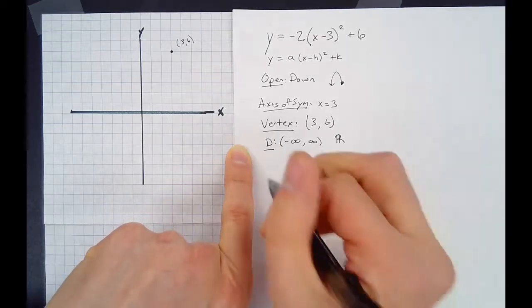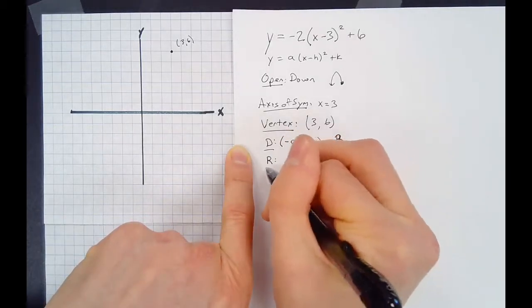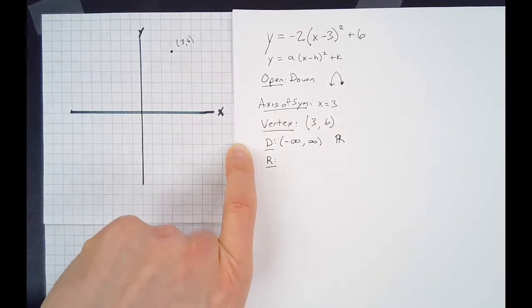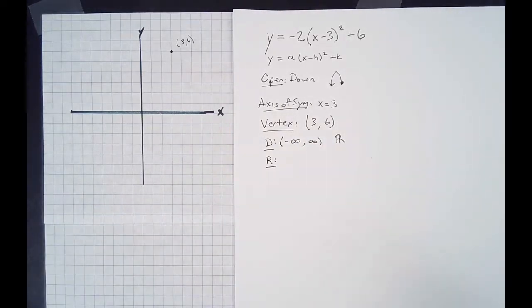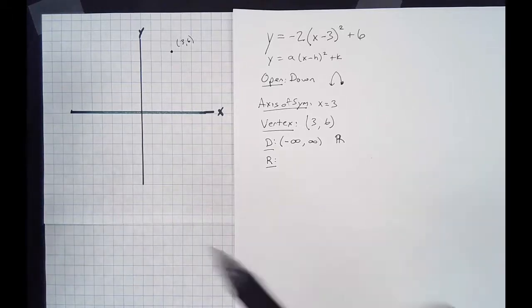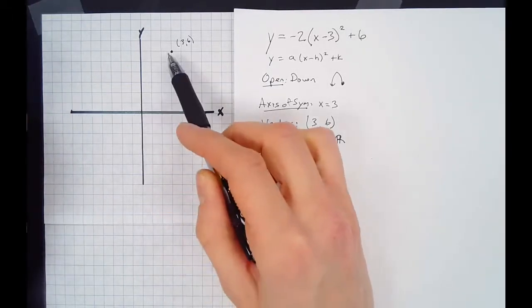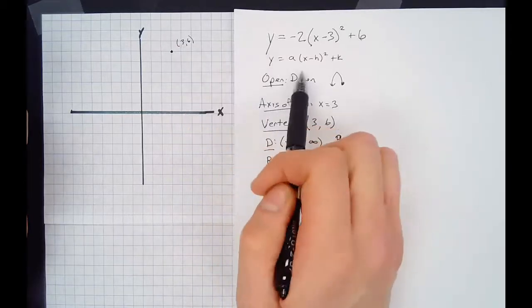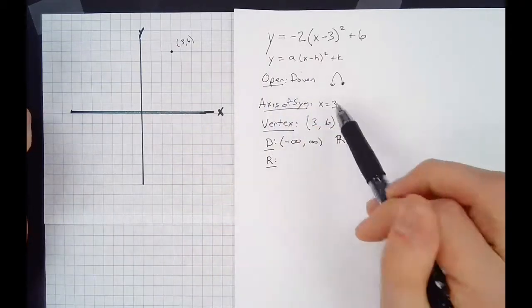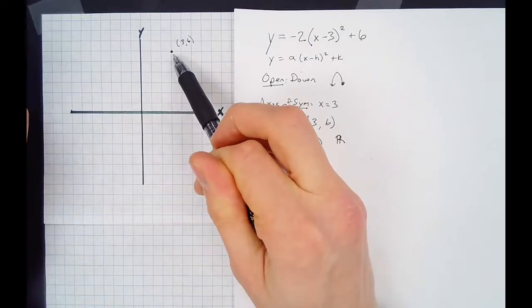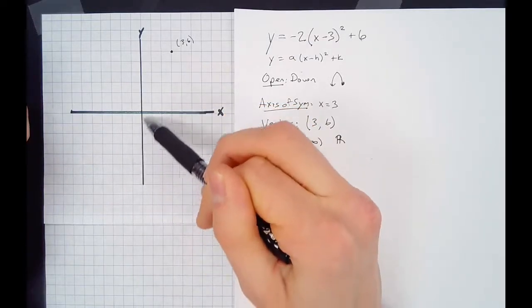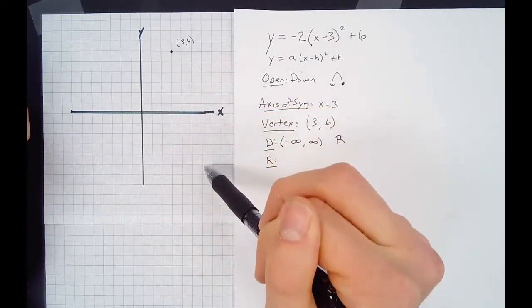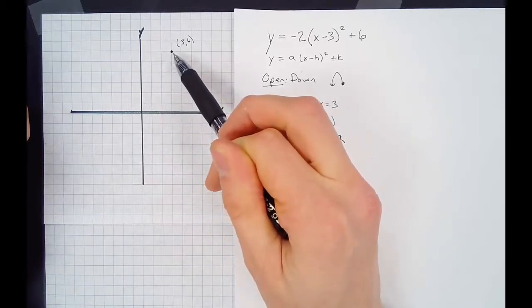The range, on the other hand, if we think about a quadratic equation, a quadratic equation has a highest or a lowest value for the range. So in this particular case, we have a highest y value because this thing opens down. We said it looks like this. So that vertex right here is a maximum. It's going to go up and hit that vertex, and then it's going to go down again.